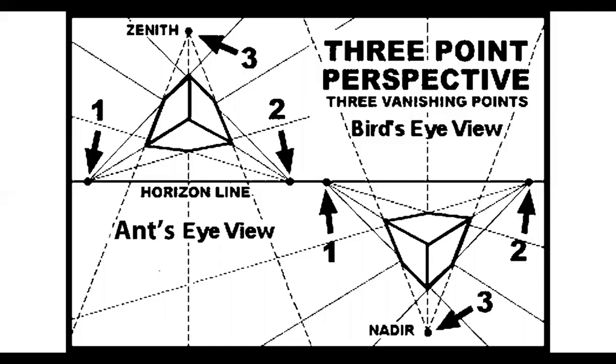In this 3-point perspective diagram, observe the 2 vanishing points along the horizon line labeled as number 1 and number 2 respectively. Number 3, the third VP, is located either above the horizon line at the zenith or below the horizon line at the nadir.